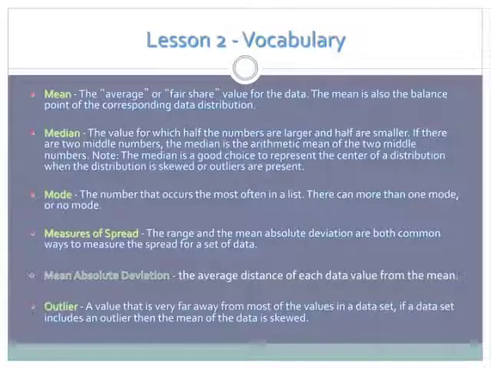We have several vocabulary words for you guys. You will definitely need to press pause and fill in your blanks. I will talk to you about these words as you're filling them in. Your first 3 words should be a review, and these are our measures of central tendency.